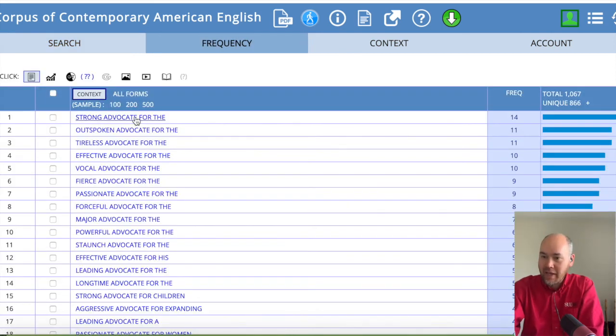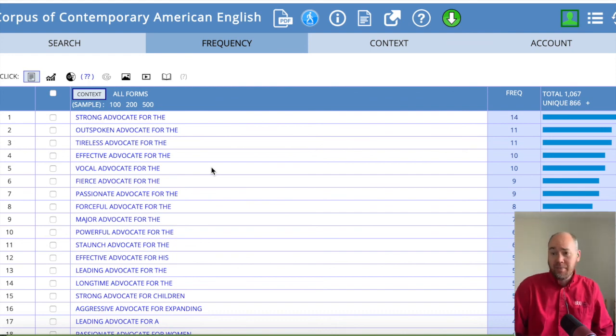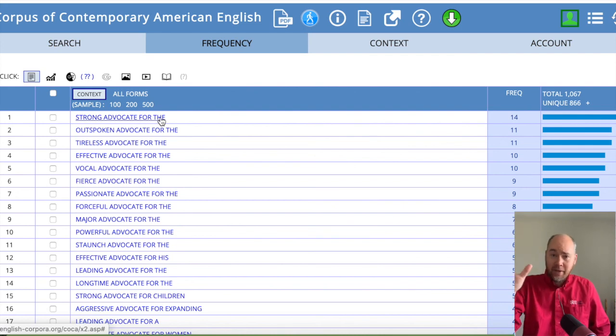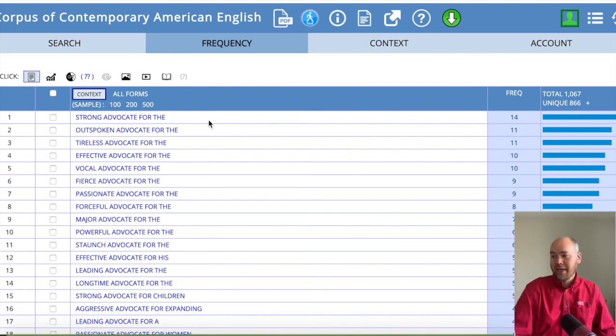Strong advocate, outspoken advocate for the... Okay, so I found something that's pretty chunky, probably something that I can reuse in my essays, which is adjective, advocate for the something. So if I were writing an essay, I might say something like, the professors in universities are strong advocates for the improvement of education, or something like that.